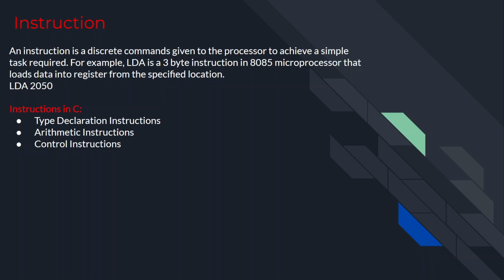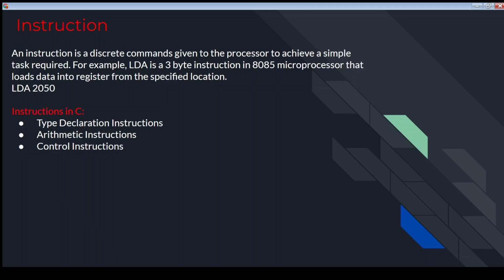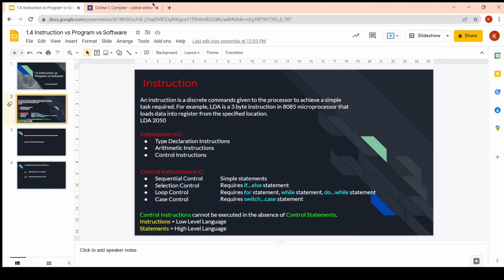There are three types of instructions in C programming. They are type declaration instructions, arithmetic instructions, and control instructions. Let's look at the type declaration instructions first.